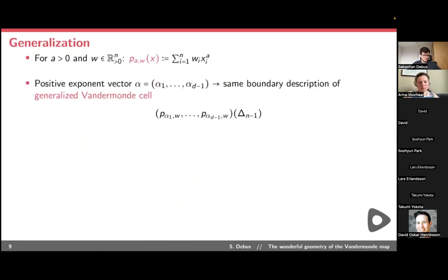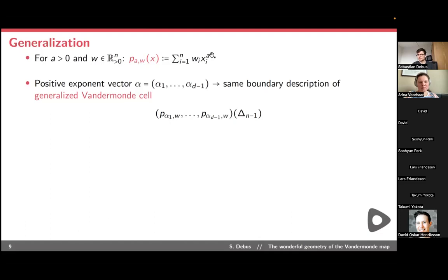So some generalization, that's also what Kostov, Arnold and Givental talk about. We don't have to make those results only for power sums. This transfers very simply to weighted power sums. You choose some weights w, which are all strictly positive, and you can also allow strictly positive exponents.